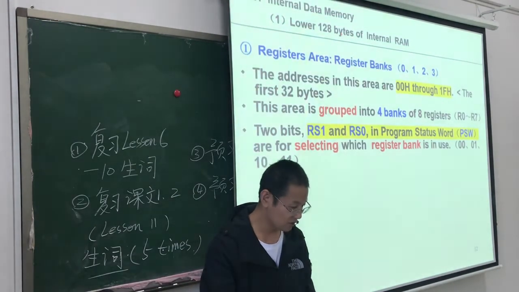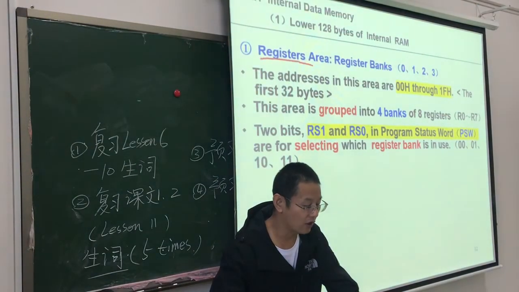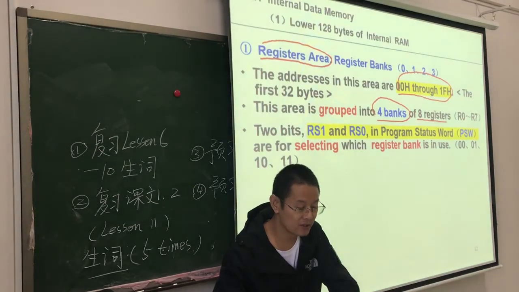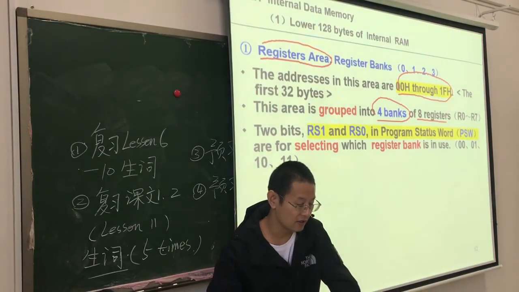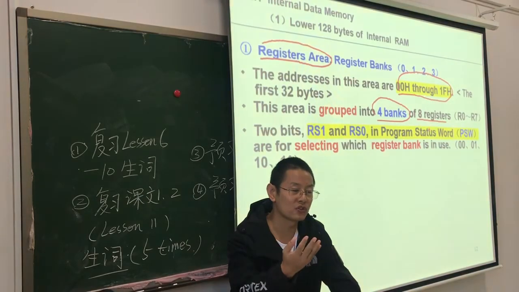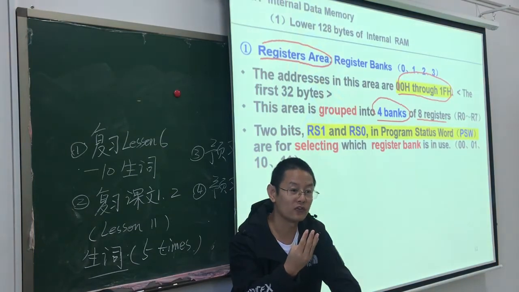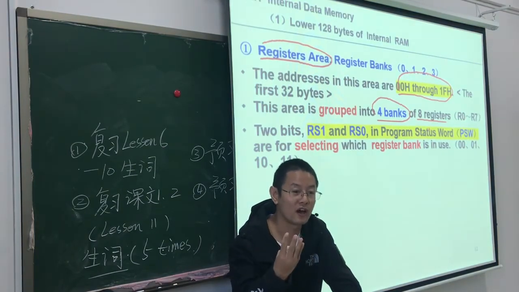Firstly, we introduce the register area, from 00H to 1FH. This area is grouped into 4 banks of 8 registers, which means there are 4 groups of R0 to R7.